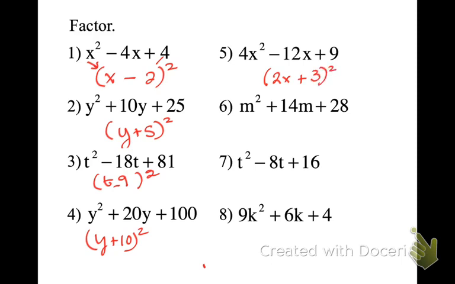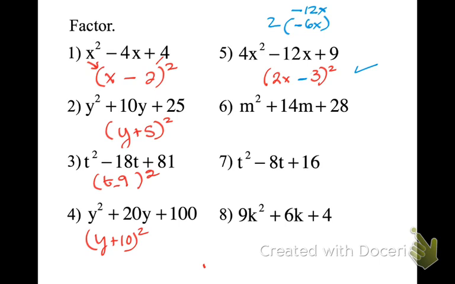Now, you got to check yourself. 2x times 3 times negative 3 makes negative 6x. Double that, what do we get? Negative 12x. Is that in the center? So yes, he factored it correctly, except for that negative.